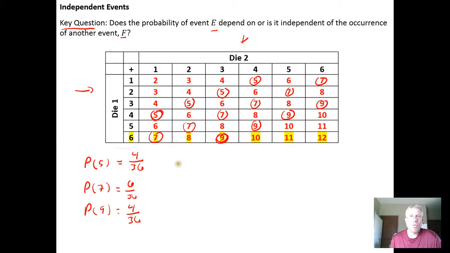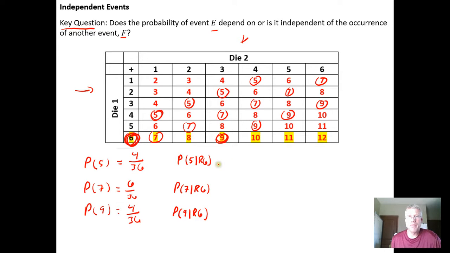Then we looked at the probability that we got a sum of 5 given we rolled a 6 on the first die, the probability that we got a sum of 7 given that we rolled a 6 on the first die, and the probability that we got a sum of 9 given we rolled a 6 on the first die.